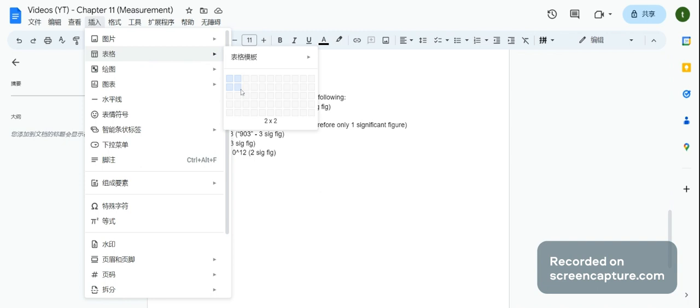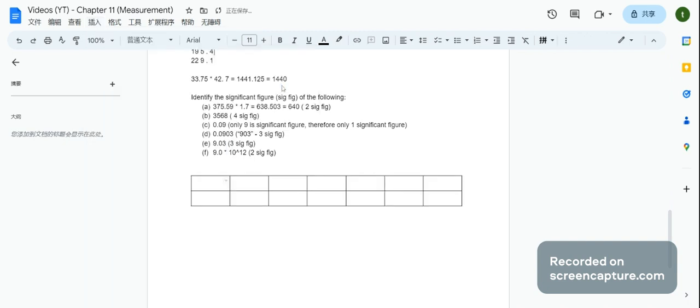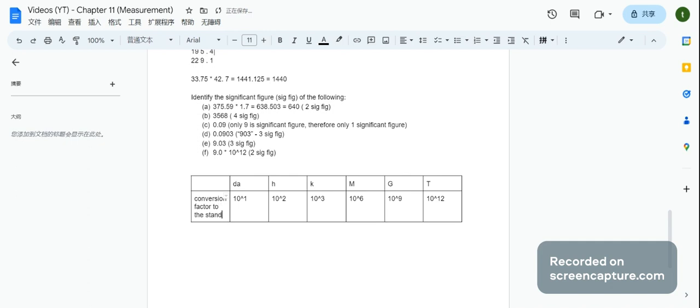Let me just grab a table here. I'm going to tell you that there will be a table like this. Conversion factor to the standard unit.